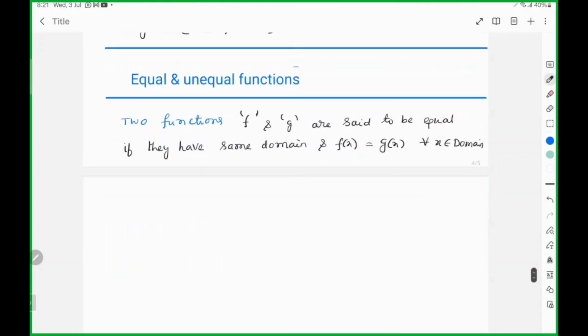What I mean to say is, which are equal and which are unequal functions.